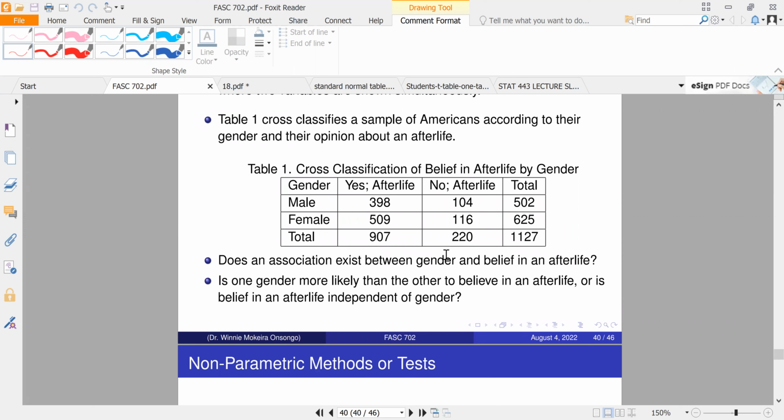For values greater than xm, it will assign positive values. For xm plus 1, it will assign positive value. For xm plus 2, it will assign positive value, for xm plus 3, and so forth. That is how you use the sign test to compare population medians and sample medians.